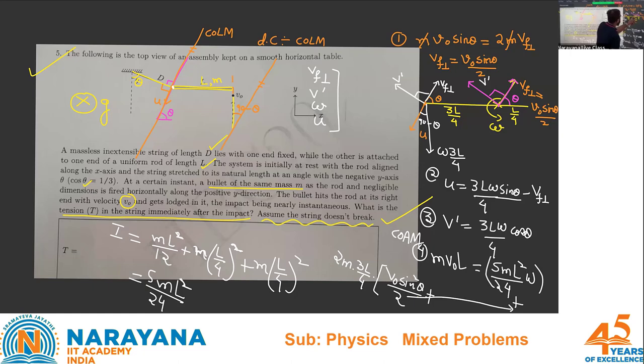What is that? V prime sine 90 minus theta, that is V prime cos theta term. V prime cos. Is that fine? M R cross VCM I wanted to write about that point. So total angular momentum of that point, and angular momentum about center of mass. So these are the terms I have written.